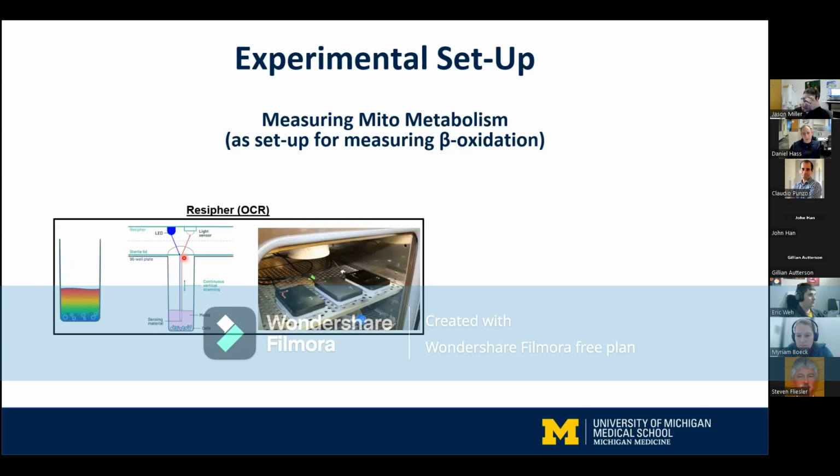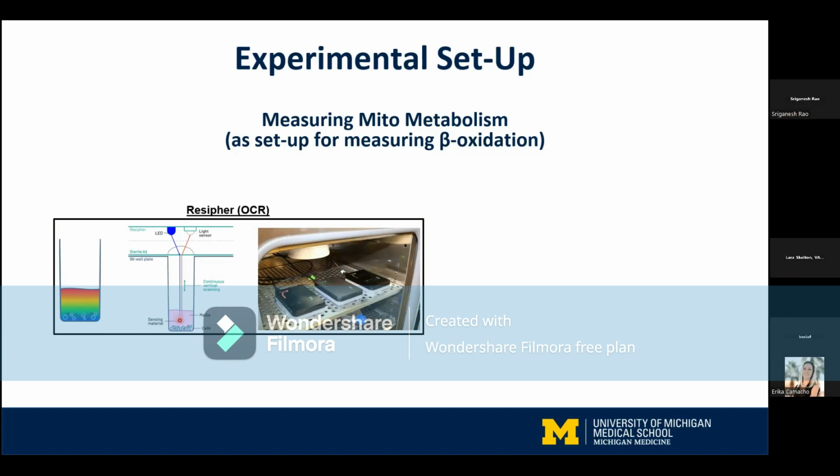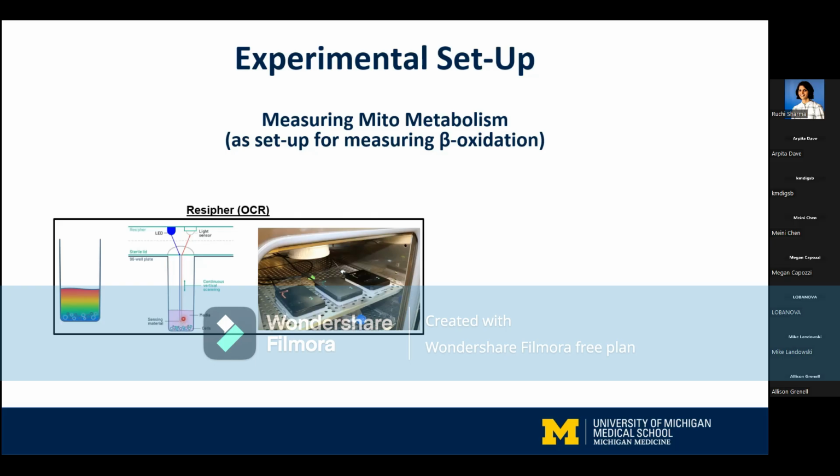And this device will run an oxygen sensing probe up and down in a precise way in the media itself, not touching the cells, measuring the oxygen gradient. If the cells are consuming a lot of oxygen, then the gradient is quite steep. If the cells are consuming very little oxygen, then the gradient is quite shallow.